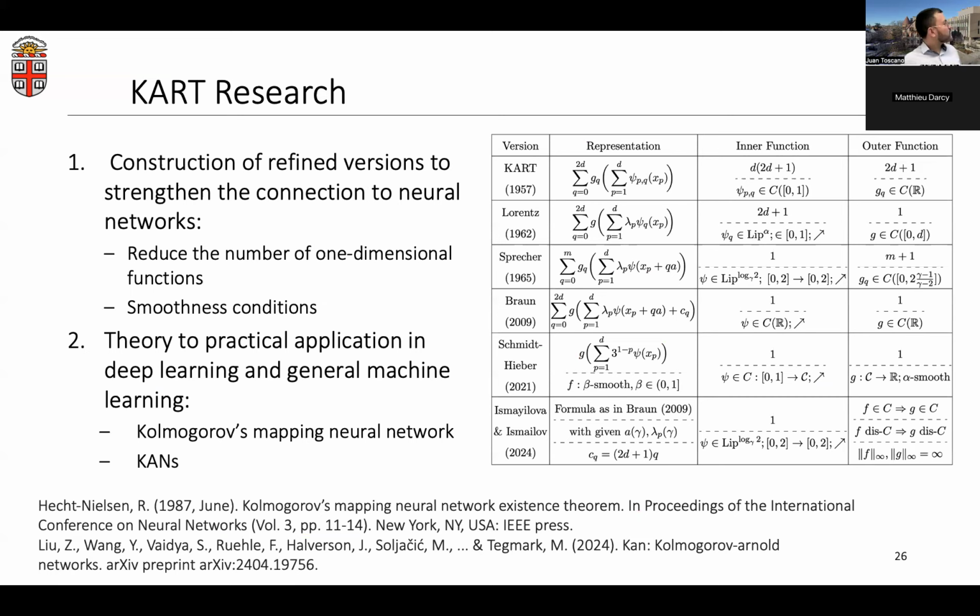One of the ways to apply KART to machine learning is using KANs, proposed by Ximing and Yishuan, but in 1987 there was another application by Nielsen called Kolmogorov's mapping neural network. Here we have several variations, and each one has its own properties.